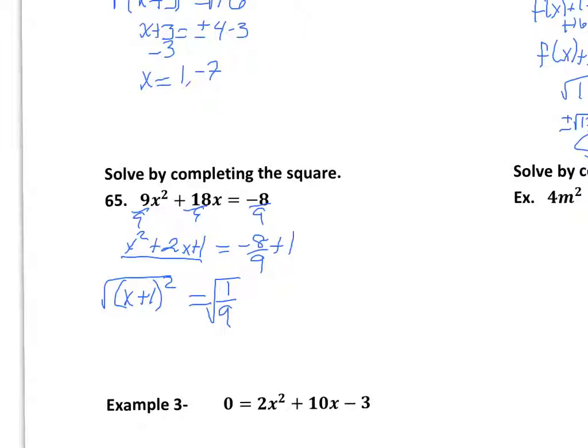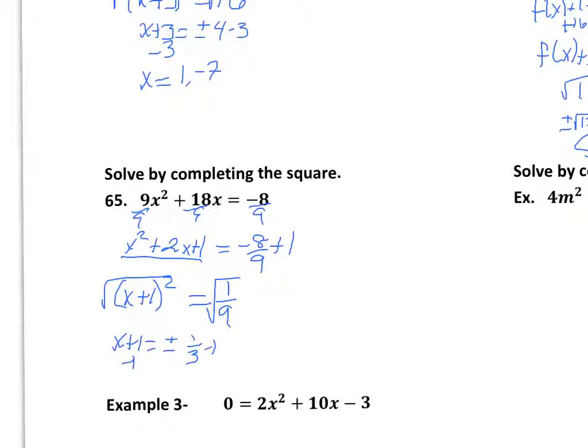Okay? So we square root both sides, so now we get x plus 1 equals plus or minus, what's the square root of 1/9 now? 1 over 3. Yeah, it's 1/3, right? Square root of 1 is 1, square root of 9 is 3. So it's plus or minus 1/3. And now we subtract 1.